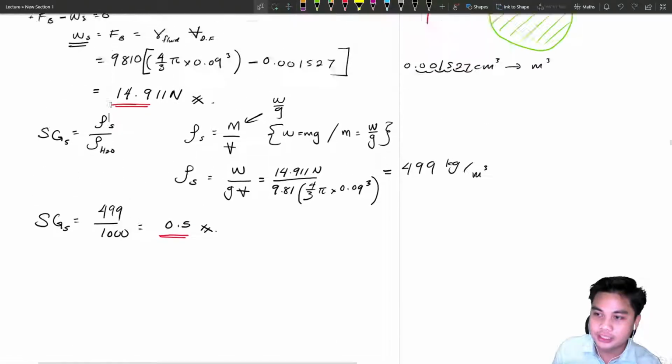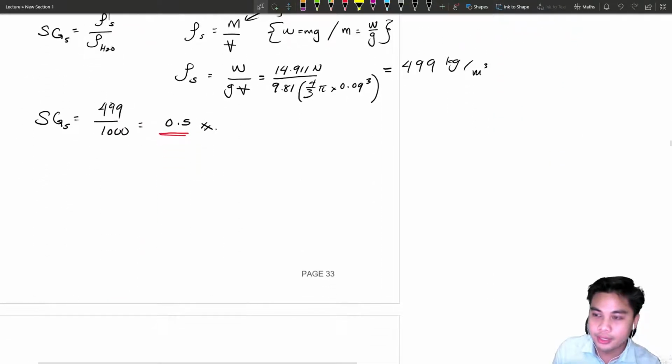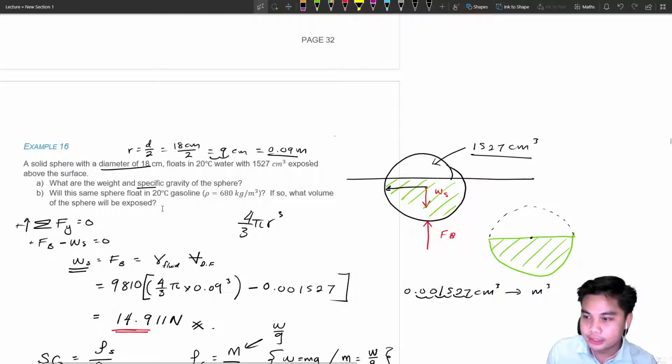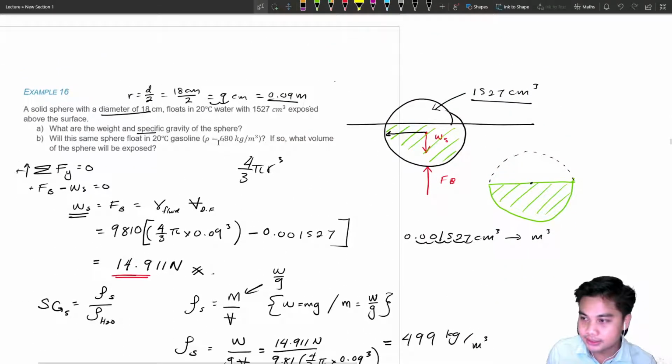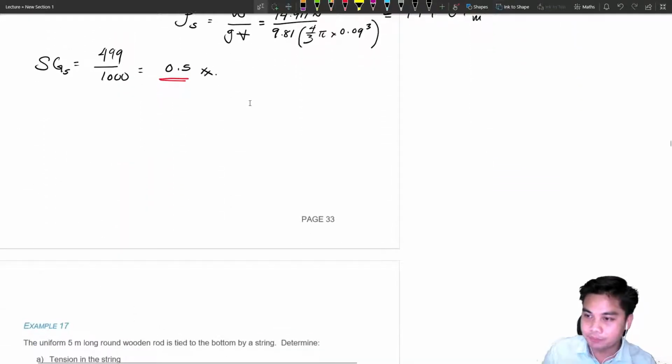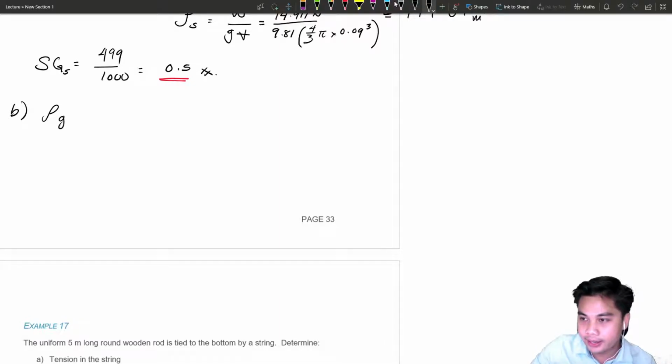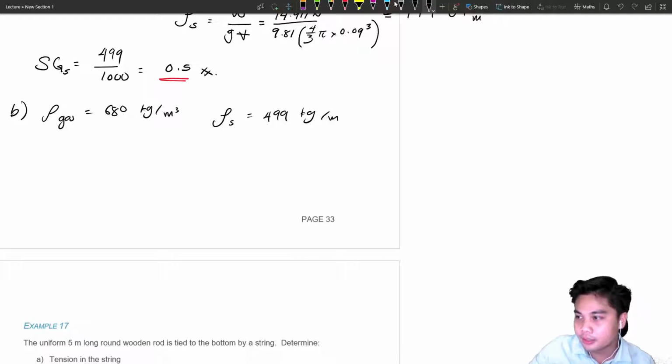For part B, we compare the density of the gasoline, 680 kilograms per cubic meter, with the density of the sphere, 499 kilograms per cubic meter.